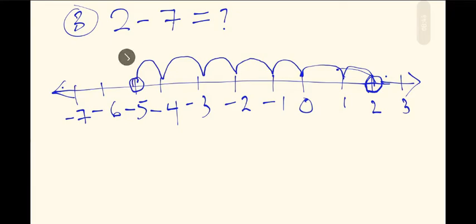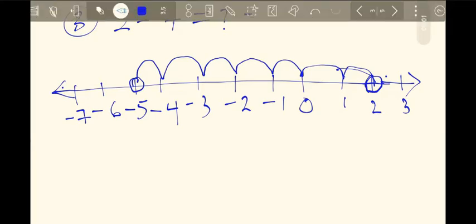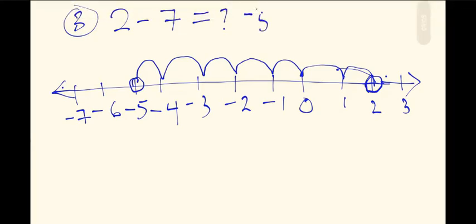So 2 minus 7 gives us -5. So -5 is our answer. This 2 minus 7 can also be written as -7 plus 2. -7 and then a positive number.